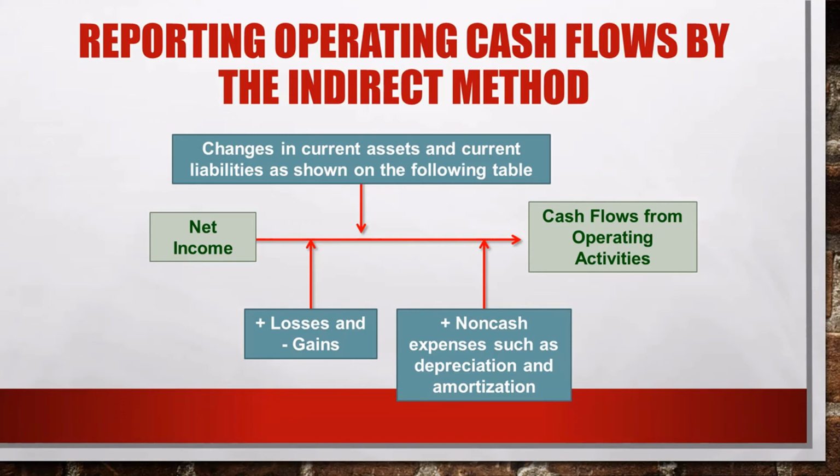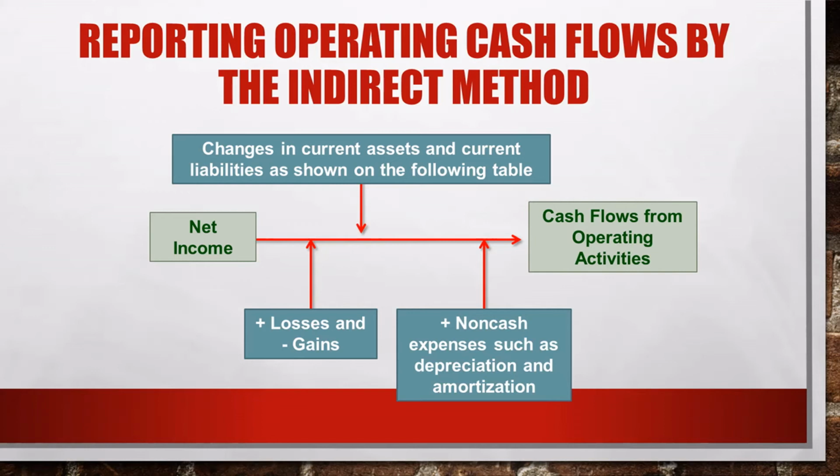Adjustments to accrual-based net income include adding back any non-cash items that were included to arrive at net income, such as depreciation and amortization. Remember that depreciation and amortization expenses reduce net income. Since these items are not cash items, they should not be included in the statement of cash flows.